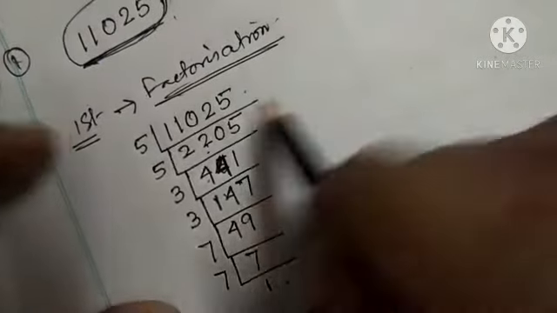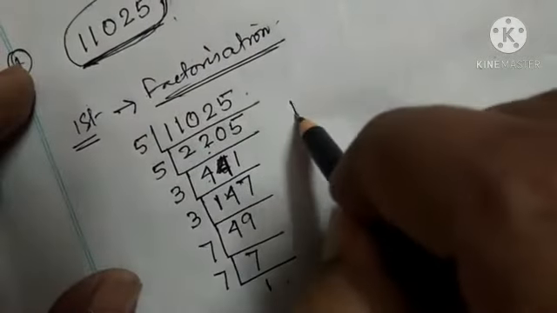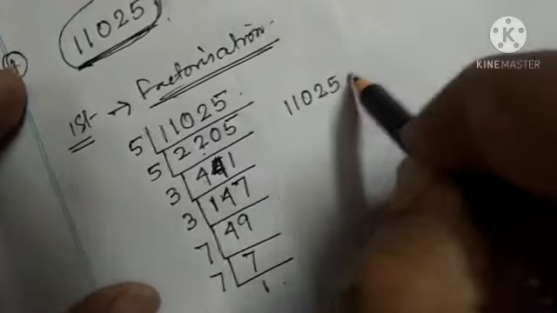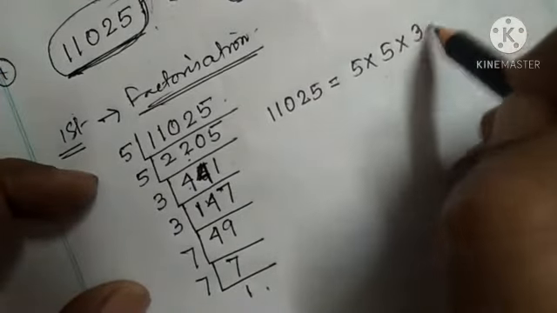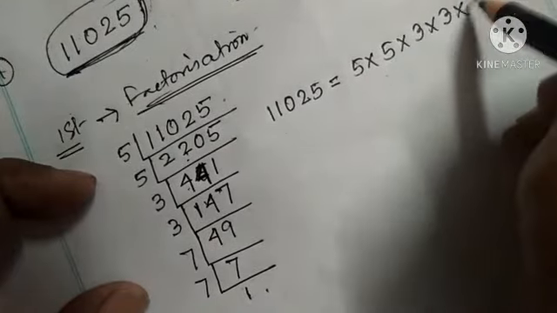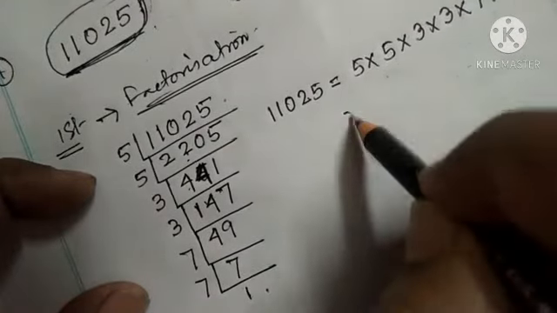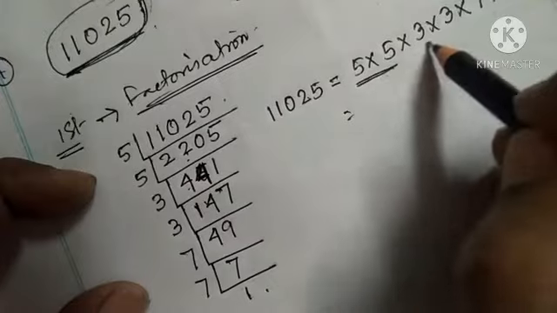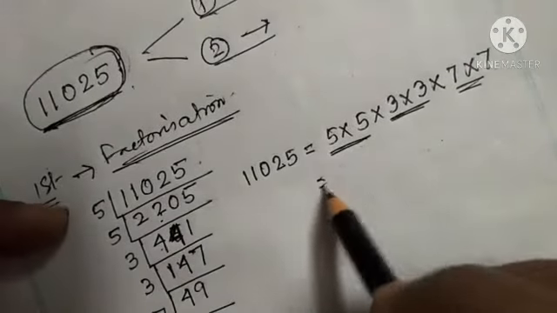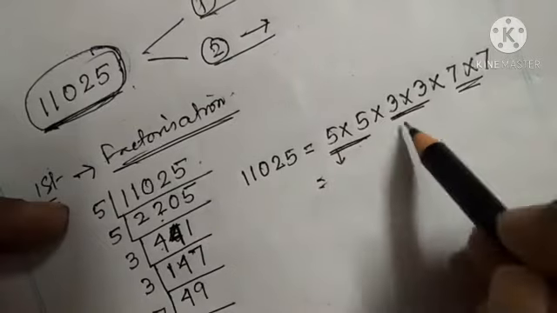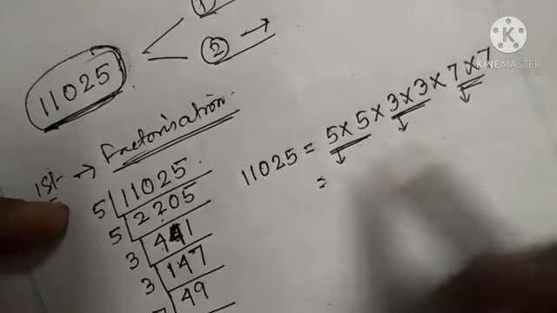Now what is the pair number? 11025 is equal to 5 into 5 into 3 into 3 into 7 into 7. Therefore, this is a pair number, this is a pair number, and this is a pair number. We have to take just one number from each pair.